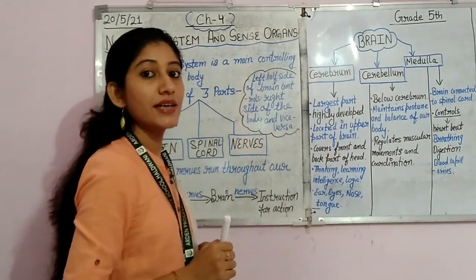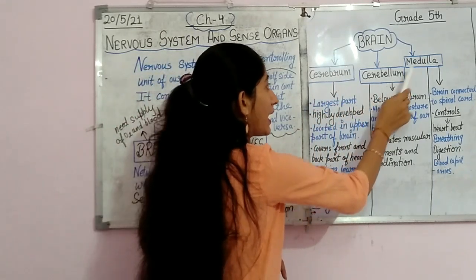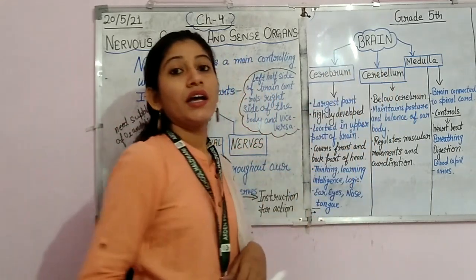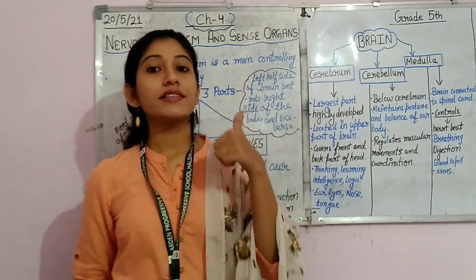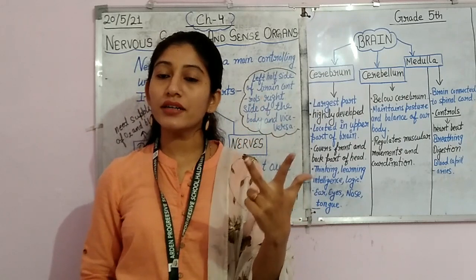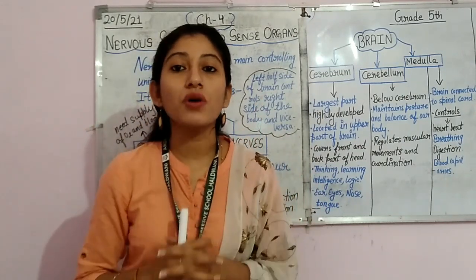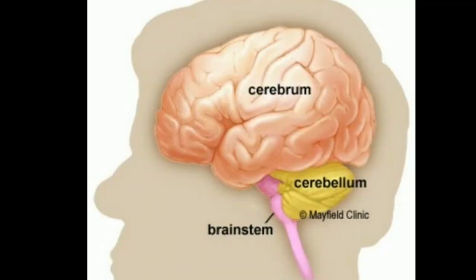The first part is cerebrum, the second part is cerebellum, and the third part is medulla. These are the three parts of the brain.